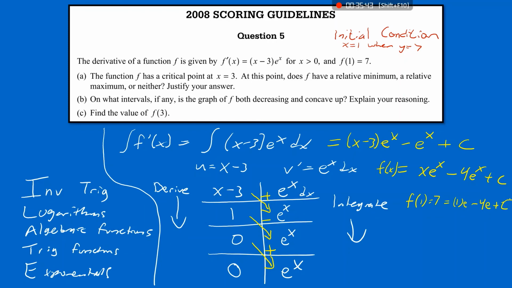So that's e minus 4e is negative 3e. Negative 3e plus c equals 7. I'm going to add this to the other side, so 7 plus 3e equals c.